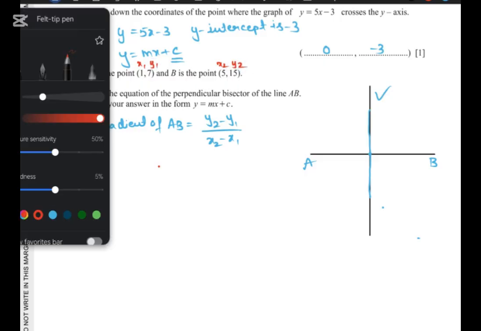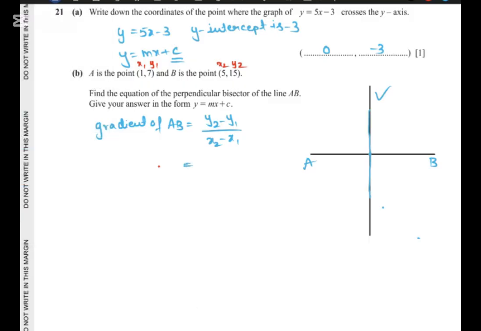So first find the gradient. y2 is 15, so 15 minus 7 by x2 is 5 minus 1. 15 minus 7 is 8 by 4, which is 2. The gradient of AB is 2. Find the midpoint also. The midpoint of AB will be x1 plus x2 by 2, y1 plus y2 by 2.